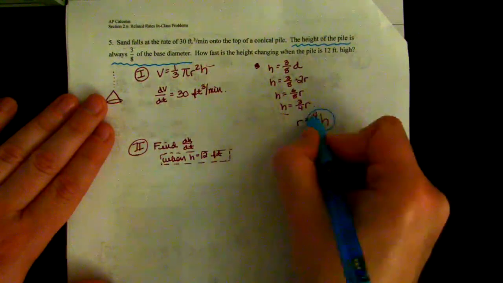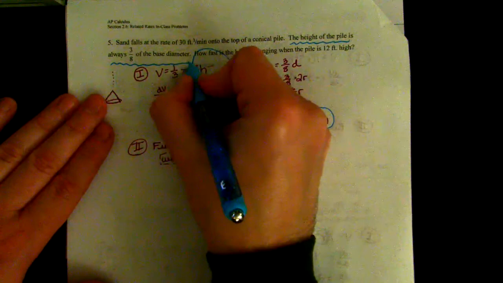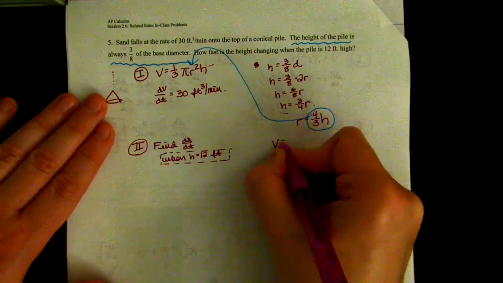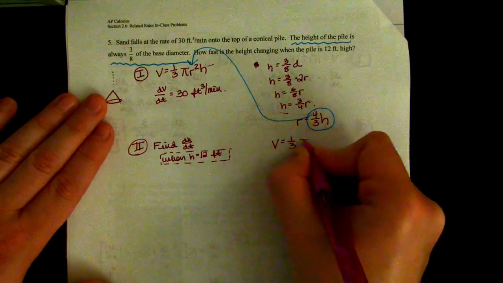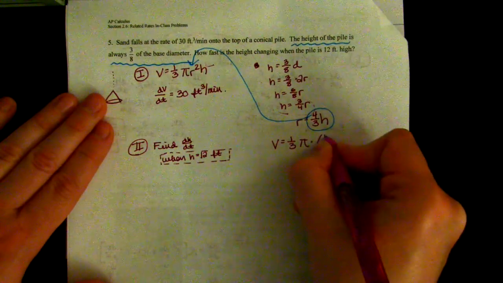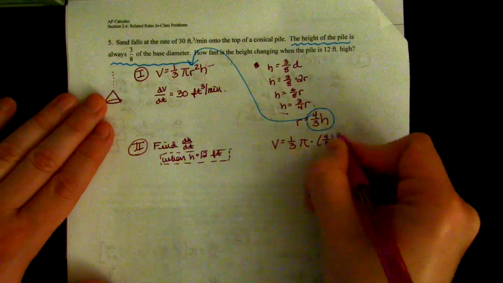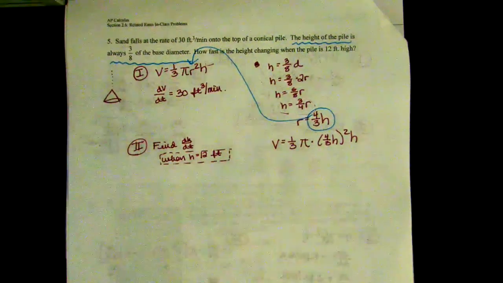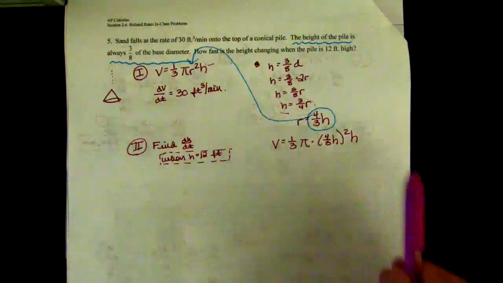This is still all part of part 1. I'm just trying to make a formula that will always be true that I can then find the derivative of. V equals 1/3 pi times 4/3 h, I'm going to square that and multiply it by another h. How about you take a moment, just work through the algebra to clean that up.